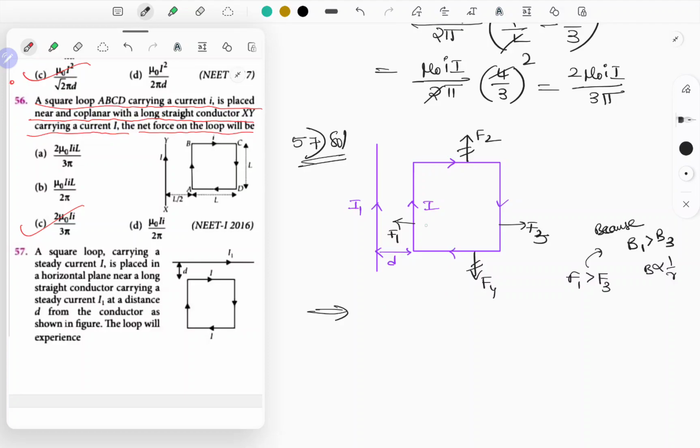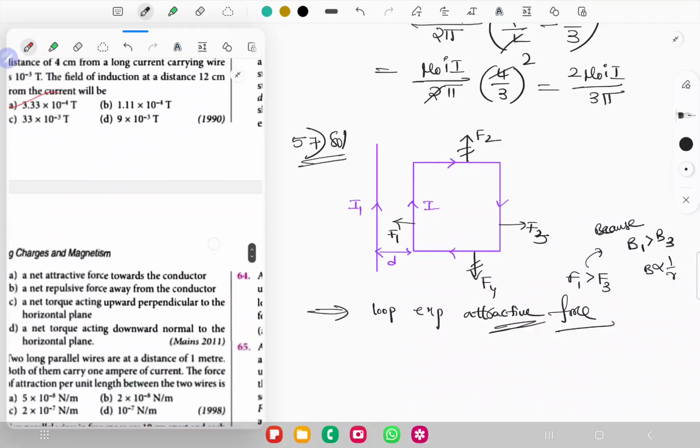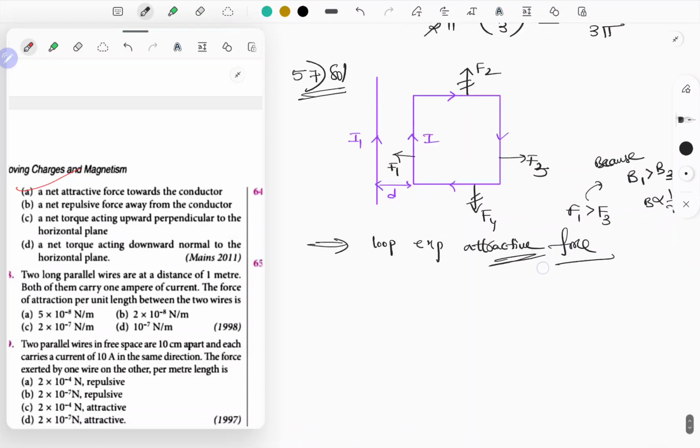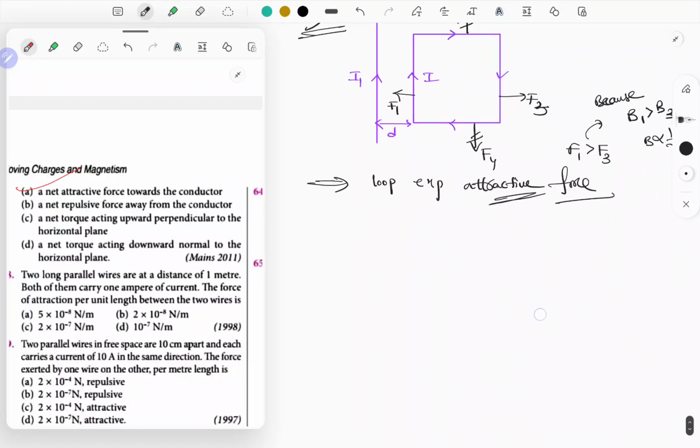So this complete loop experiences attractive force or repulsive force? It experiences attractive force, because F1 is greater than F3, because B1 is greater than B3, because B is inversely proportional to r. So for 57, which option is correct? Option A, I guess. Questions 56 and 57 are both similar.